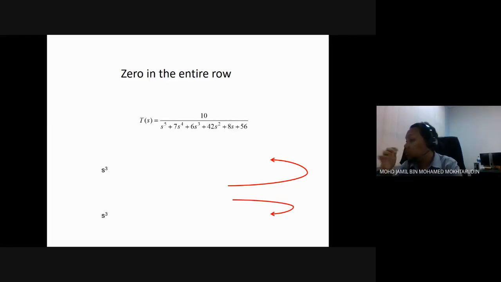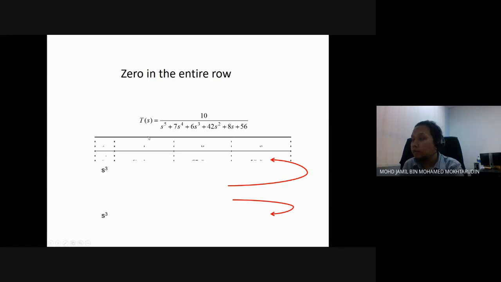For example, you are given a closed loop transfer function T(s), and first you need to fill the Routh Hurwitz table with the first two rows, s to the power of 5 and s to the power of 4.